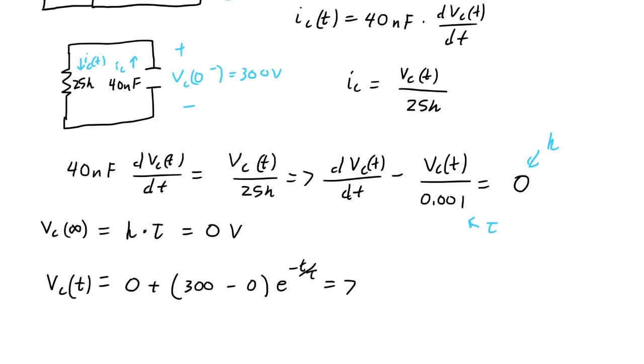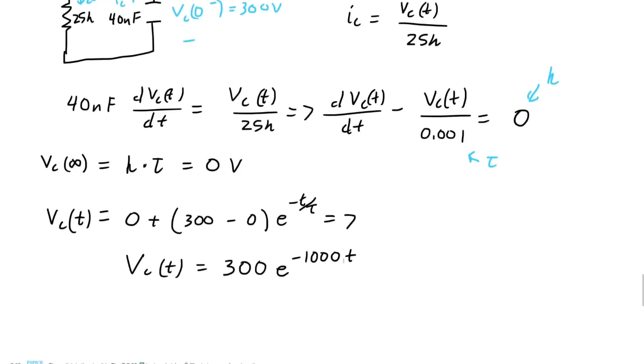So that's going to be VCT is 300 e to the minus 1000 t. And that'll model the behavior for the discharge curve of this capacitor in this network. This is our answer.